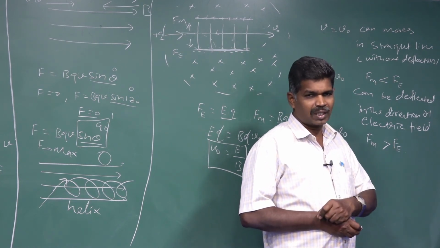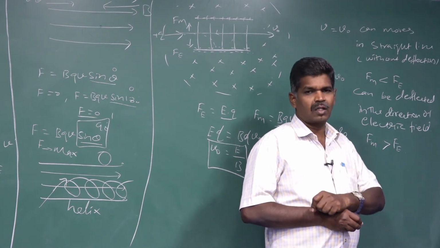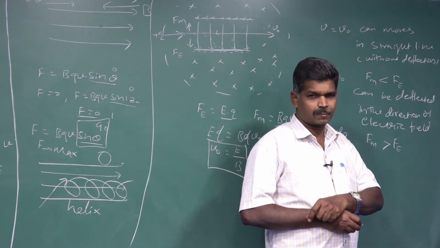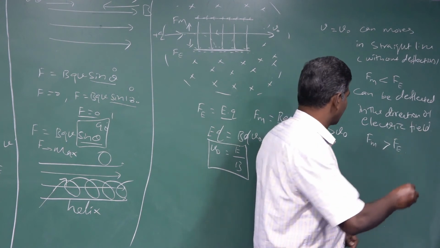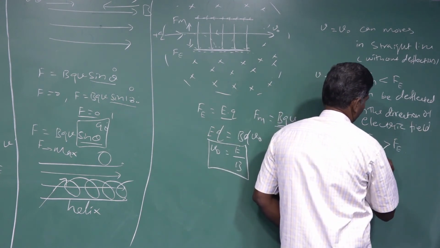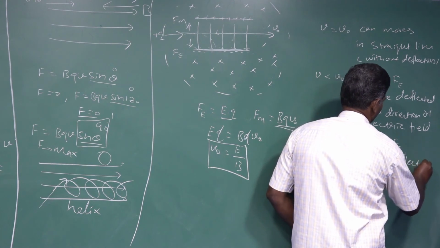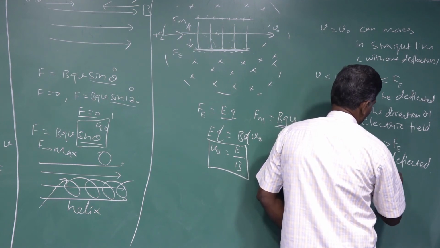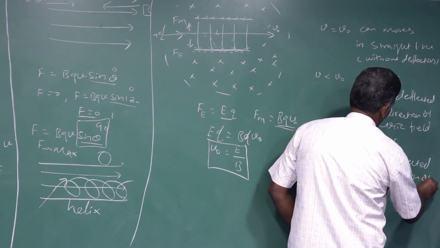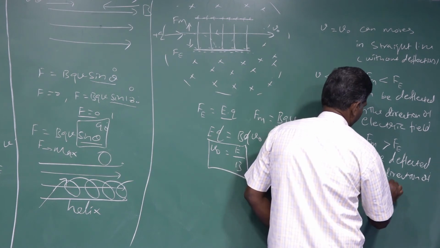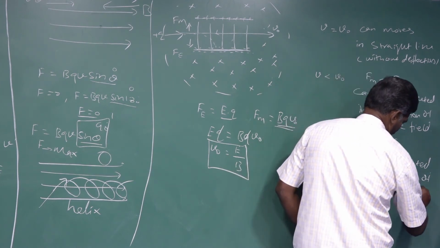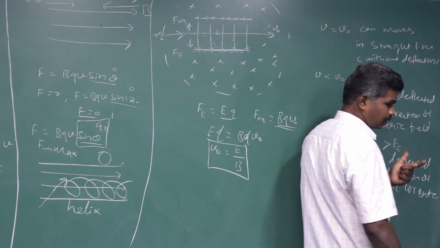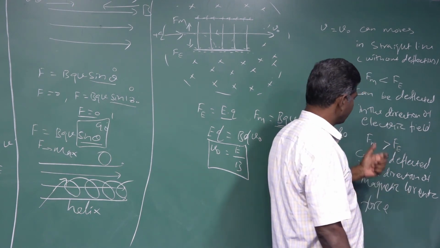Net force acts along the direction of the magnetic Lorentz force, so the particle is deflected in the direction of the magnetic Lorentz force, not in the direction of the magnetic field.